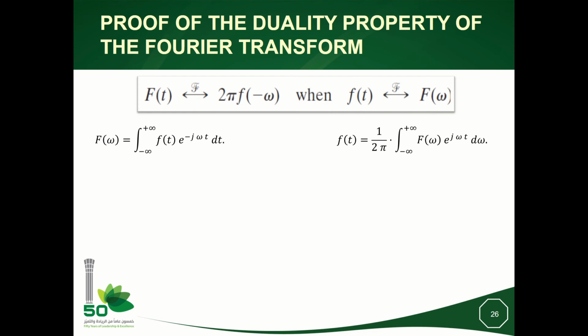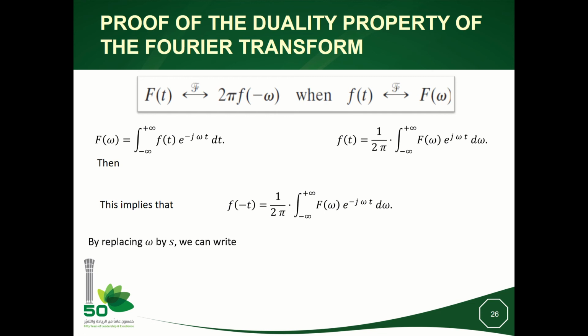Starting from the definition of the Fourier transform and the inverse Fourier transform, this implies that if we replace minus t in this expression, so we put here minus of time. Now we will replace omega by s in this integral expression.